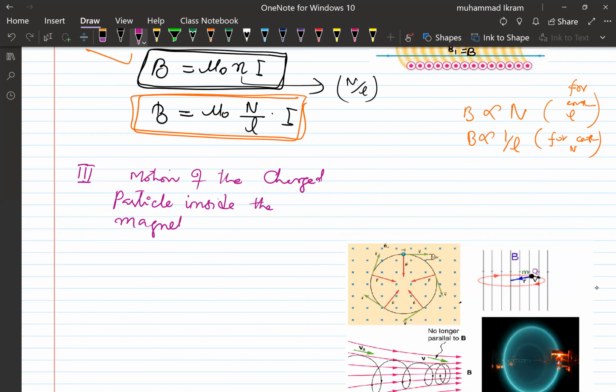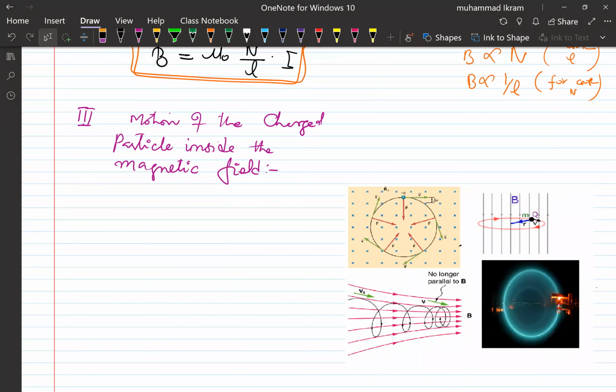The motion of the charged particle inside the magnetic field. So whenever a charged particle enters inside the magnetic field, the charged particle experiences a force, right?